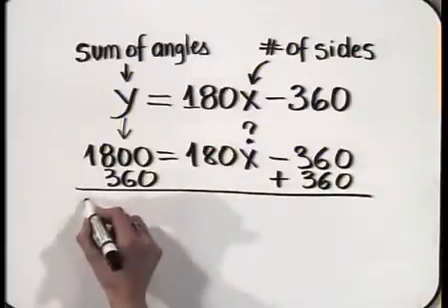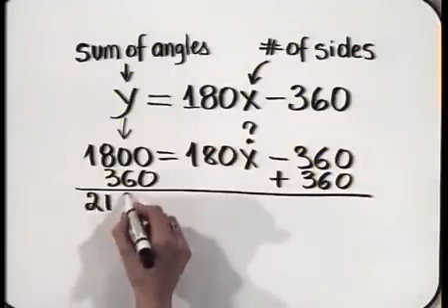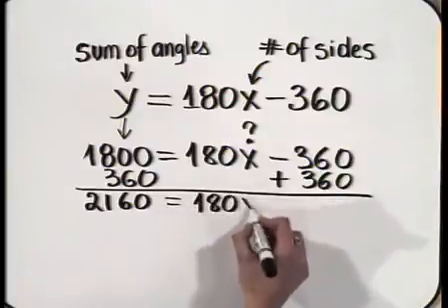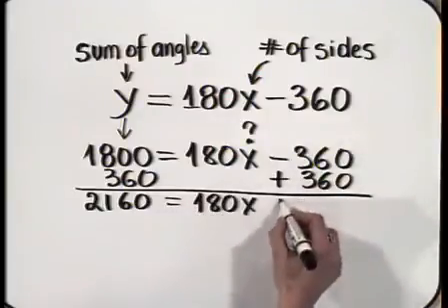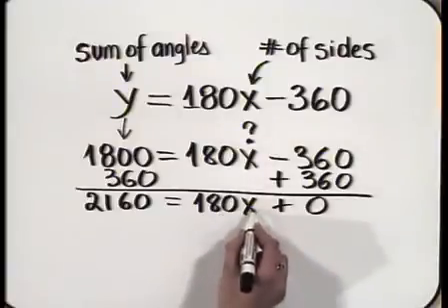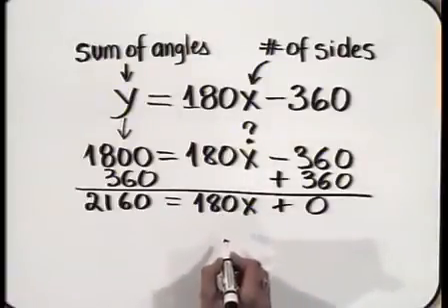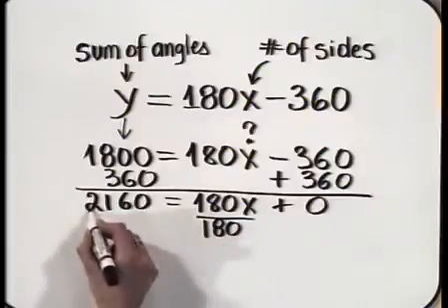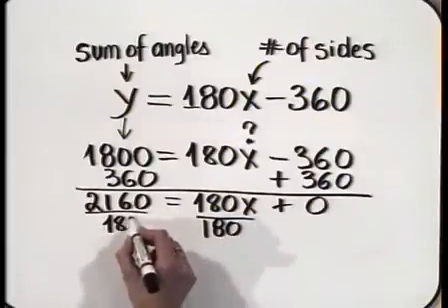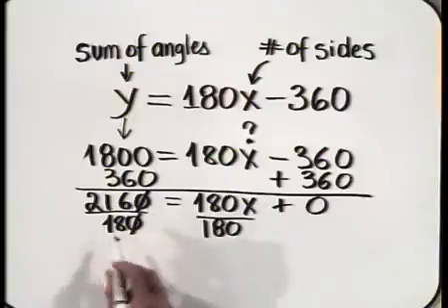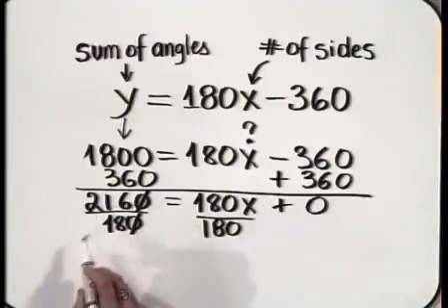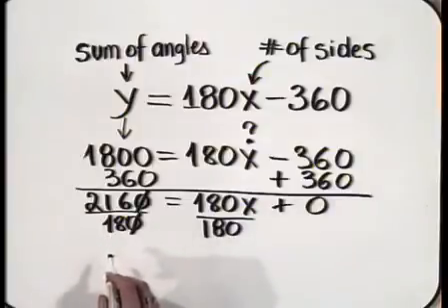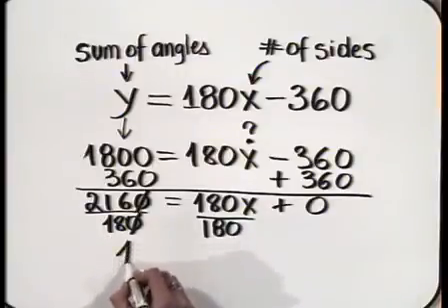We get 2160 equals 180x. This gives me 0. But I want 1x, not 180x, so I divide by 180. Divide by 180, and if I think about it, or do it by hand, or mentally, or using a calculator, 216 divided by 18 gives me 12.